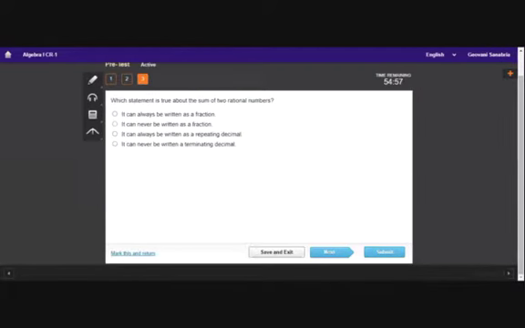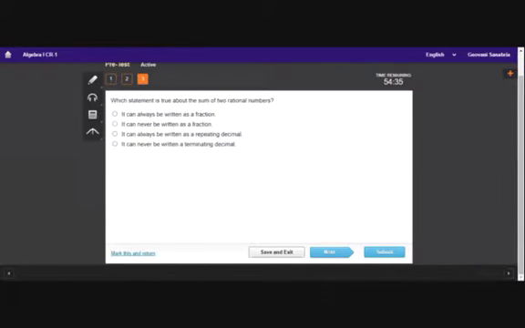I said there were three categories for rational numbers: a whole number is a rational number, a fraction is a rational number, and a repeating decimal is a rational number.